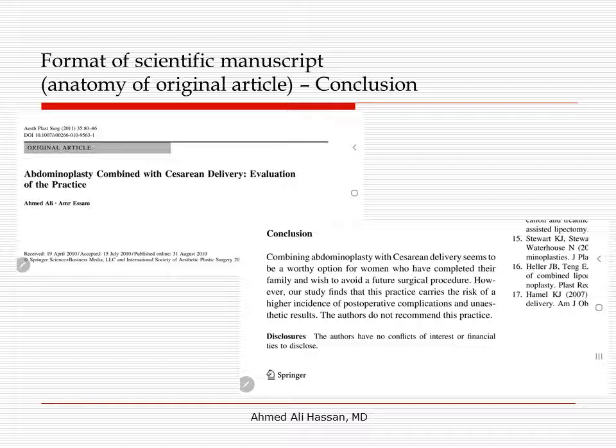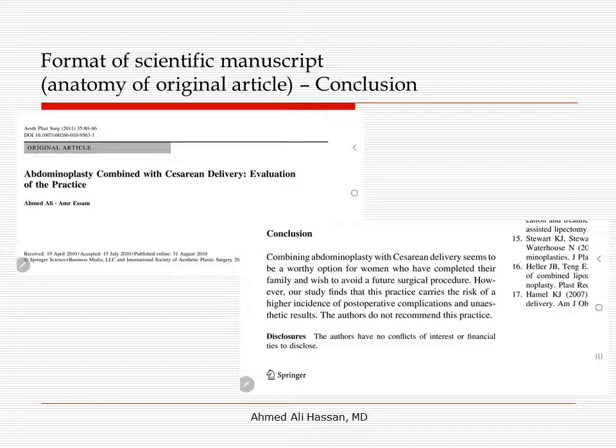When the author writes the conclusion, they restate the hypothesis or the topic of the study. Combining abdominoplasty with cesarean delivery seems to be a worthwhile option for women who have completed their family and wish to avoid a future surgical procedure. This is the topic, this is a hypothesis, okay?